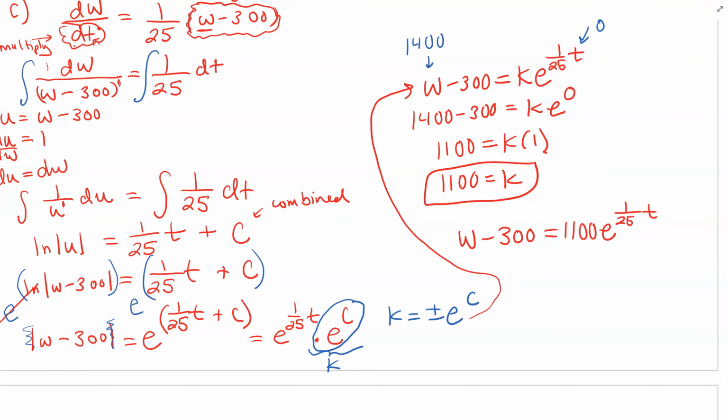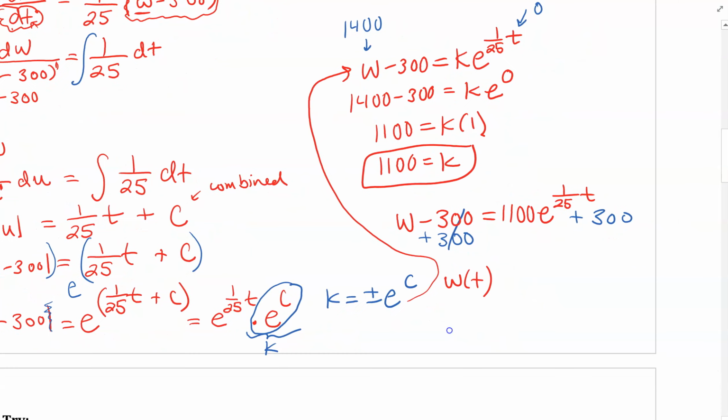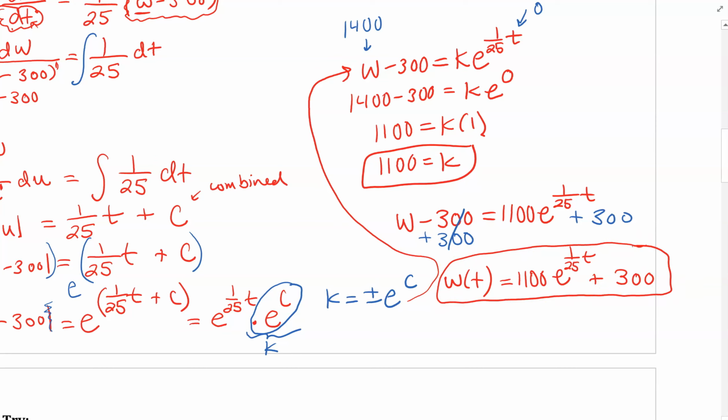And then from there, to get w completely by itself, all I would have to do is add 300 to the other side. And so then my final answer would be w of t. So w as a function of t is equal to 1100 times e to the 1 over 25t plus 300. That is our final answer for the particular solution w with the given differential equation and initial condition.